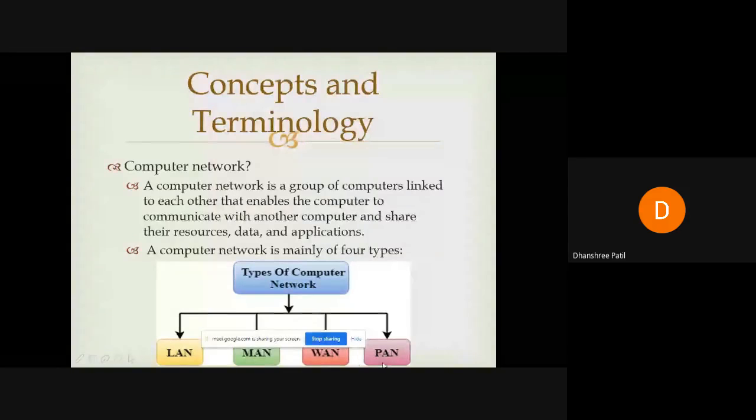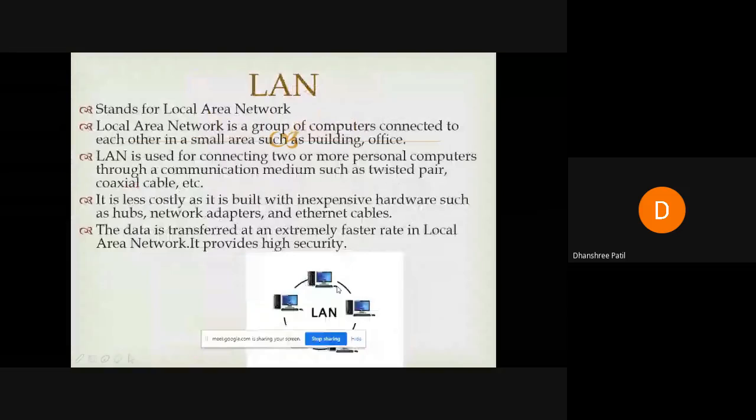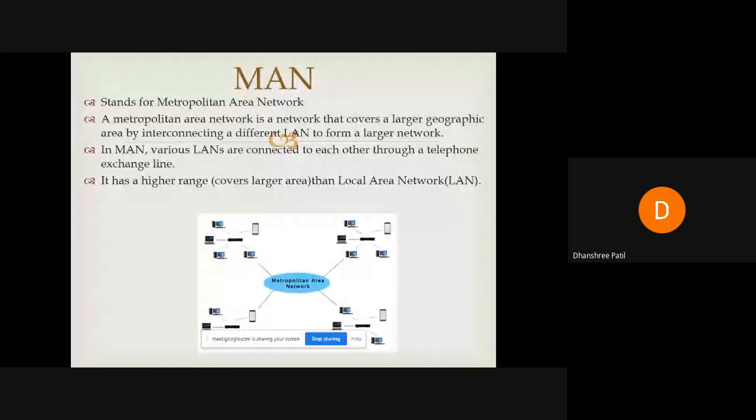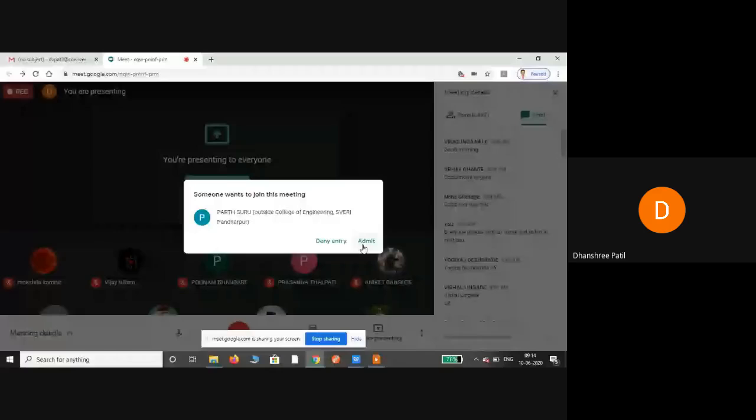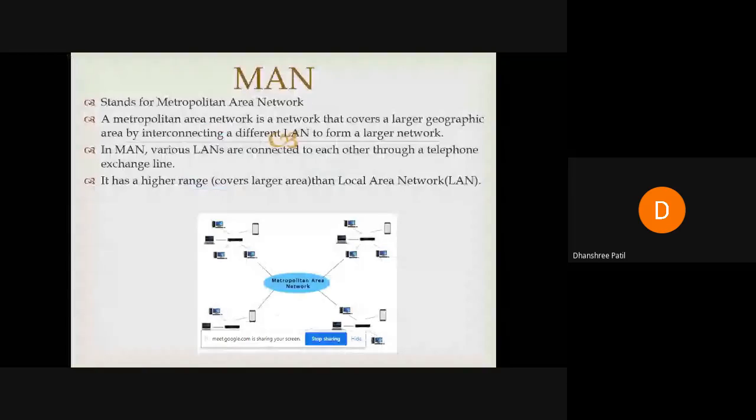LAN stands for local area network, and we use it when the area is restricted or limited. MAN is formed when a number of LANs are connected with each other. It stands for metropolitan area network, and it is quite larger than a LAN.